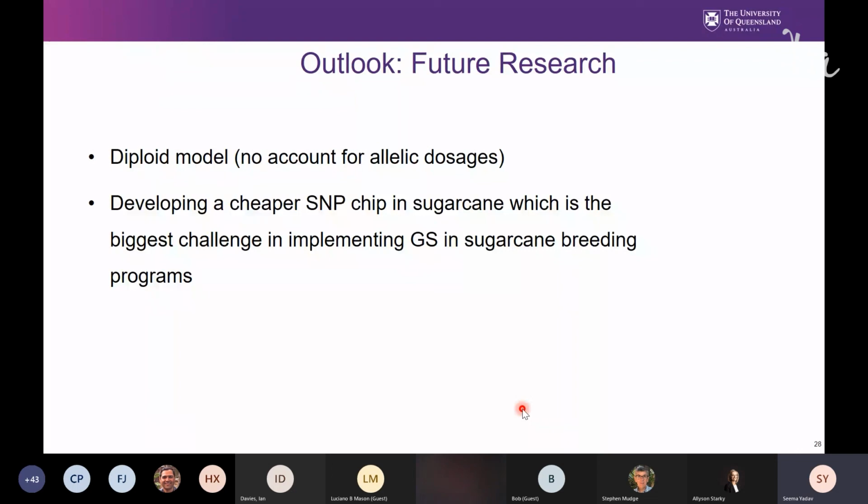The biggest challenge in the sugarcane breeding program is the cost of SNPs, so research should go on to see if we can develop cheaper SNPs so we can implement genomic selection. If we genotype more, we can increase the selection intensity, and that automatically enhances the genetic gain.